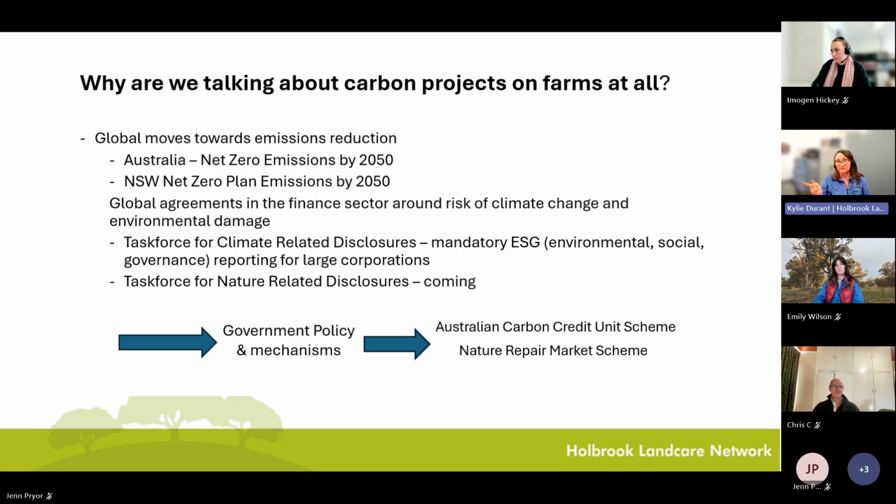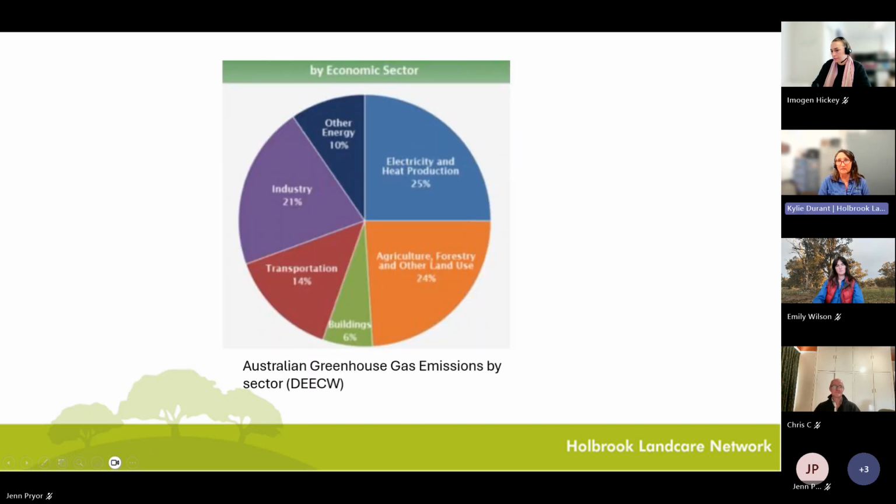In terms of agriculture, if we just flick forward, Jen, the big picture reason is that our greenhouse gas emissions as a country, roughly a quarter, I mean, it does change from year to year, comes from agriculture.